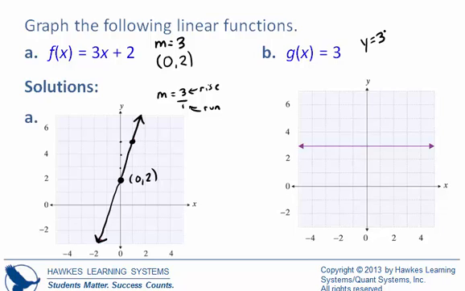If that one variable is a y, we know that it is a horizontal line. So we can go to our graph, and at y is equal to 3, here's our origin. So 1, 2, 3. Then we can draw our horizontal line at 3.